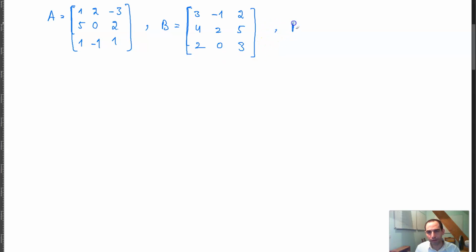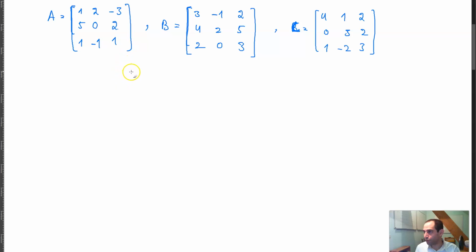And then C is a matrix as 4, 1, 2, 0, 3, 2, 1, -2, 3.